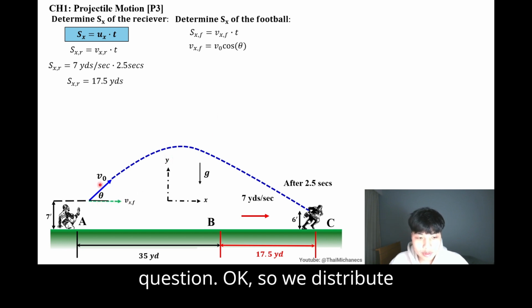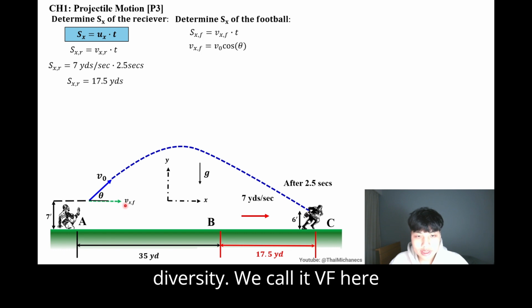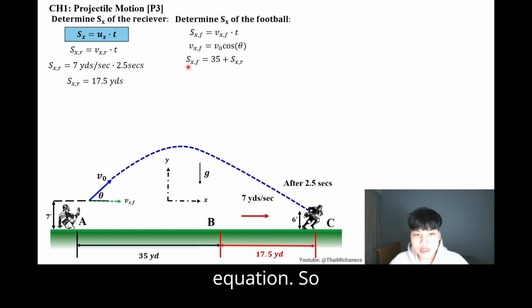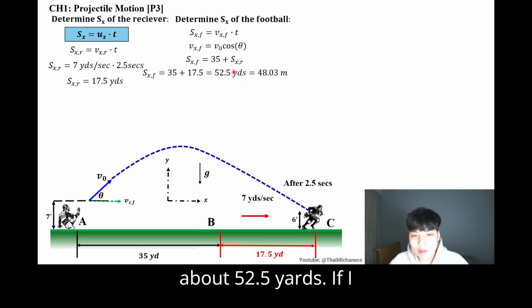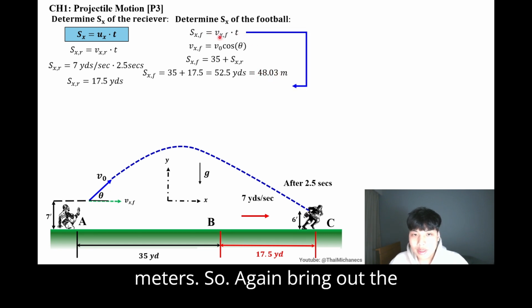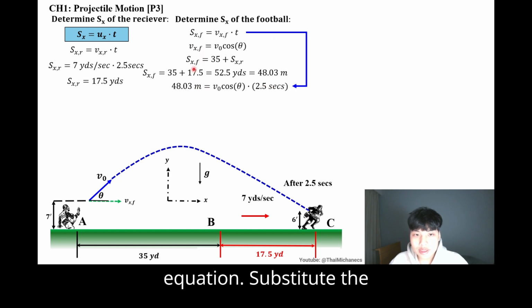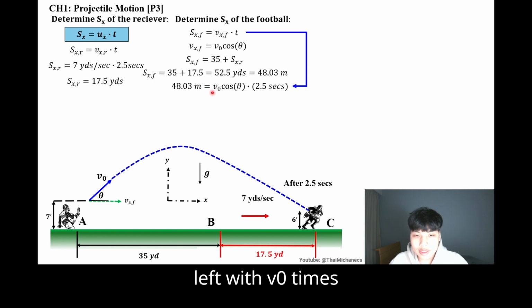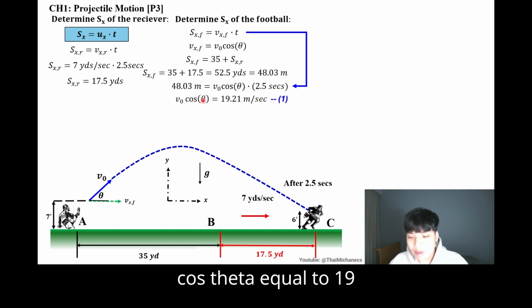We substitute back into the first equation. Sx now is about 52.5 yards. If I convert it, it will be 48 meters. Again, bring out the equation, substitute the distance, velocity, and time. We are left with v0 times cos theta equal to 19 meters per second.